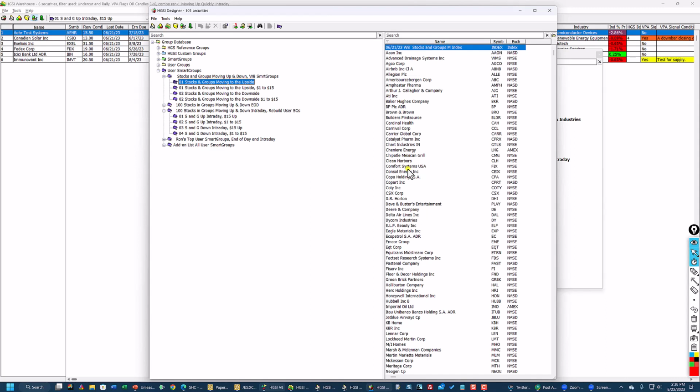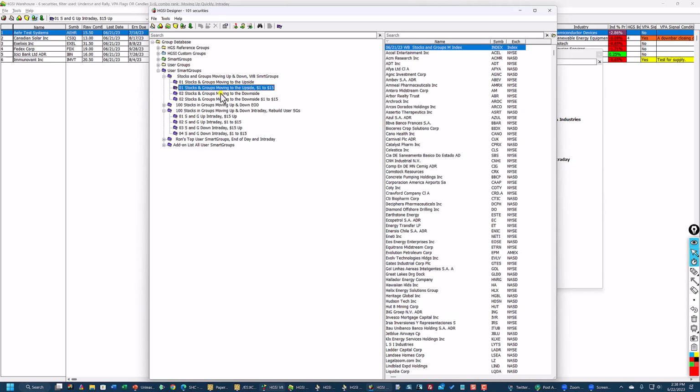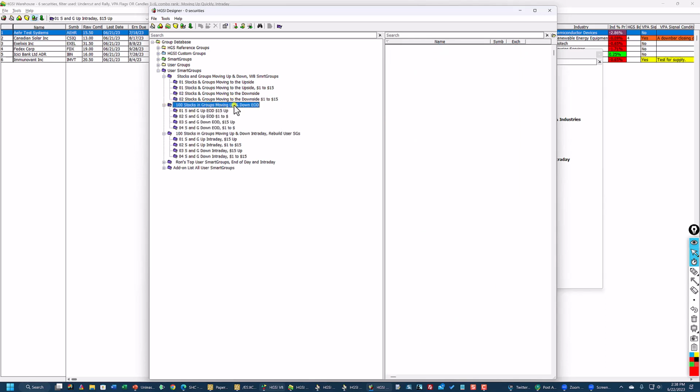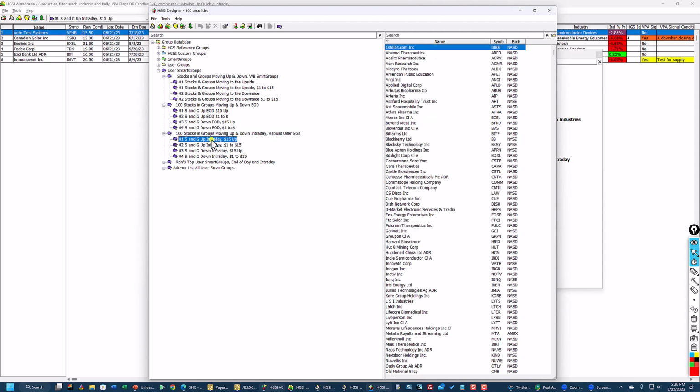So you could look at these at night. You could do your prospecting there. Here's moving to the upside 1 to 15 and to the downside. Remember this group right here, the 100 stocks and groups moving up and down, comes from this group right here, which I'm looking at.